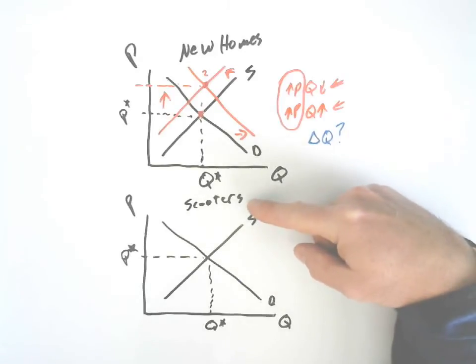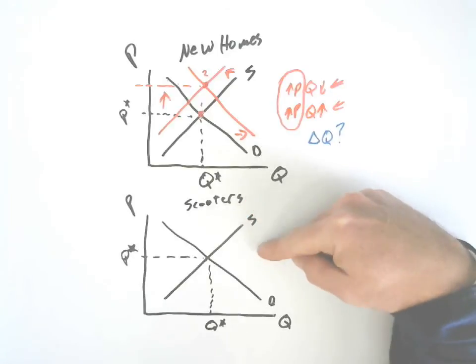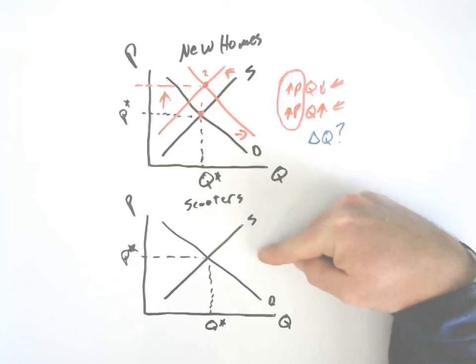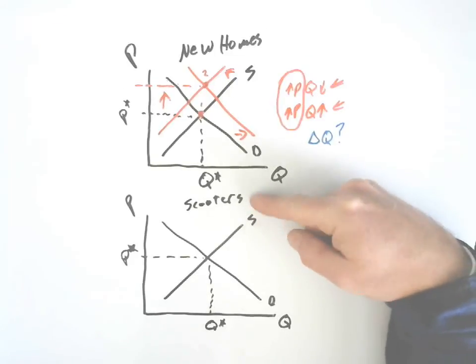You can, for instance, drive a scooter, or you can drive your car. Scooters probably get far better gas mileage than your car does. So driving a car and driving a scooter are substitutes.